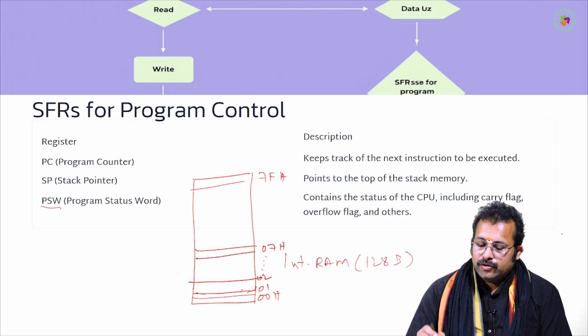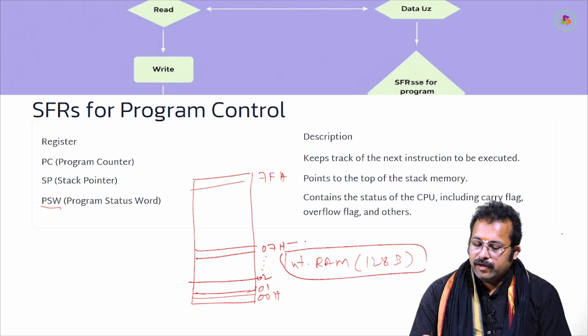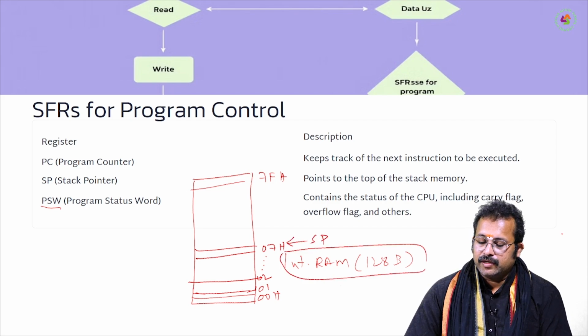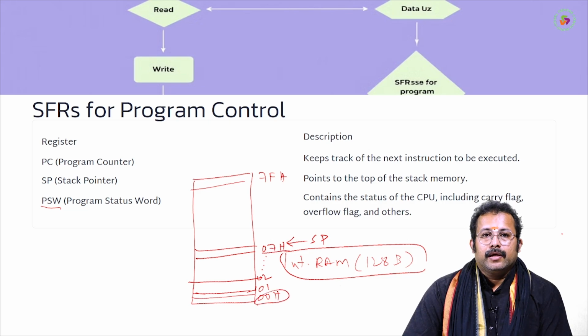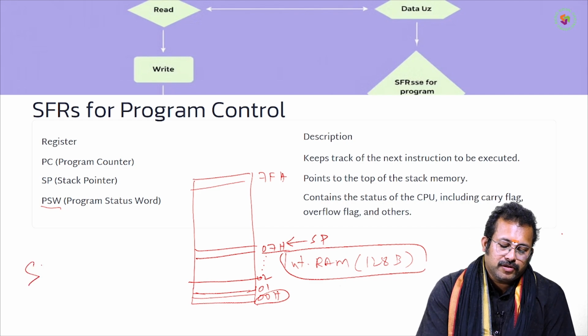Previously I told you the stack pointer upon reset was 00, but actually in reality stack operation starts from 07. That means upon reset or power up, SP is configured at 07. SP will be pointing to 07H.